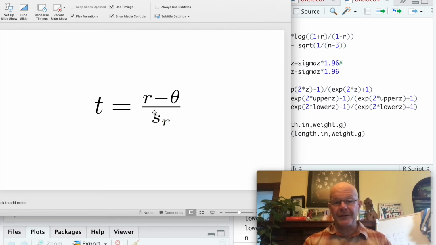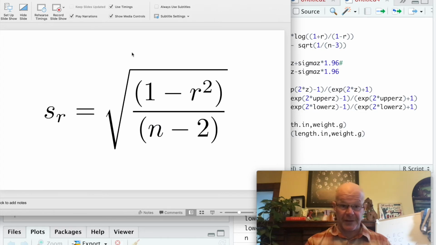And then here in the denominator, we have our standard error of the correlation coefficient. And we can calculate the standard error of the correlation coefficient simply with this little piece of arithmetic. It's 1 minus r squared, divided by n minus 2, and then you take the square root of all that, and that is going to give you your standard error.